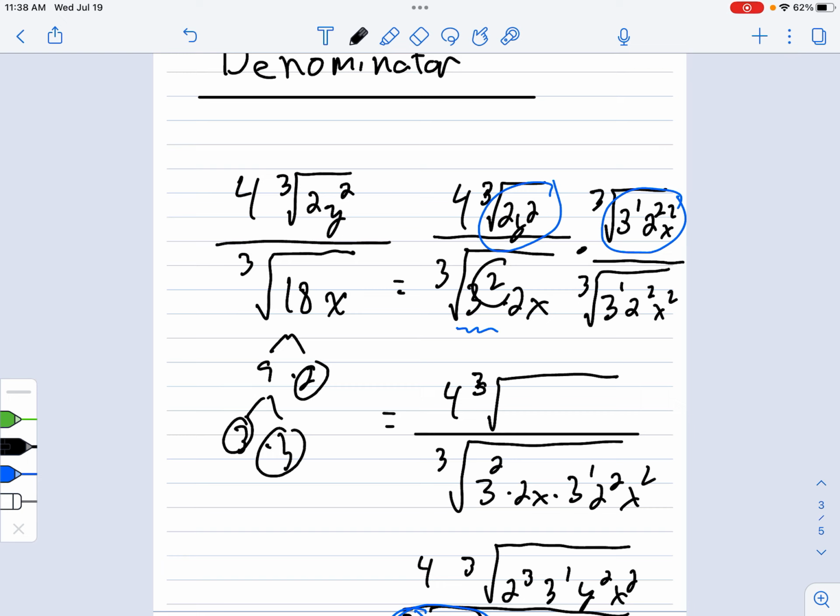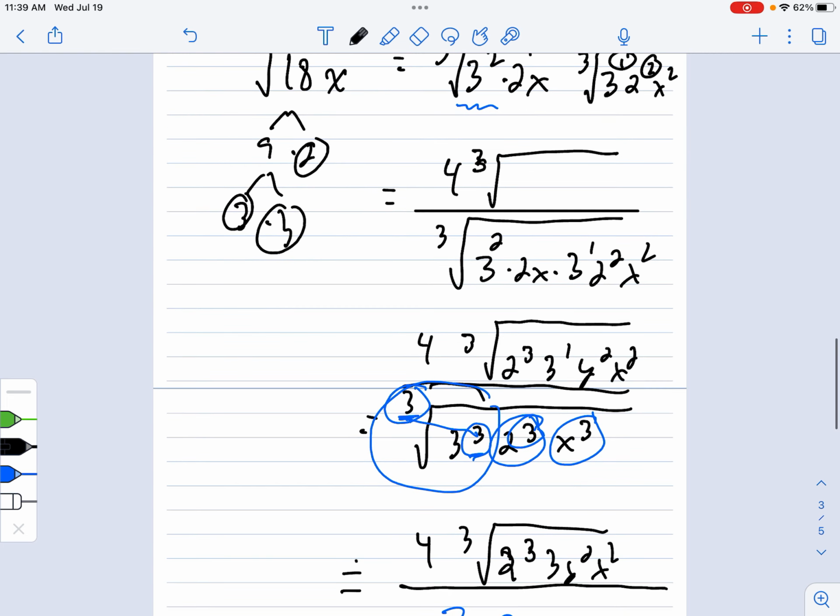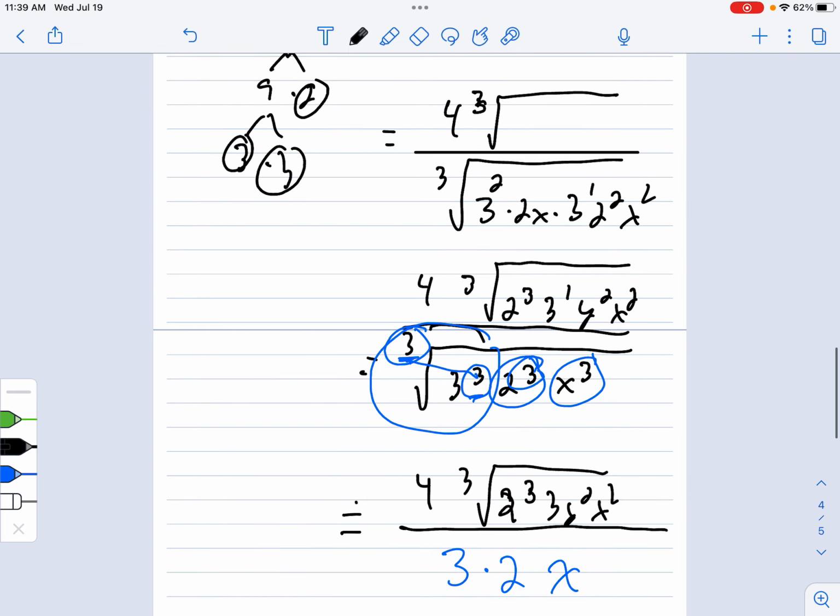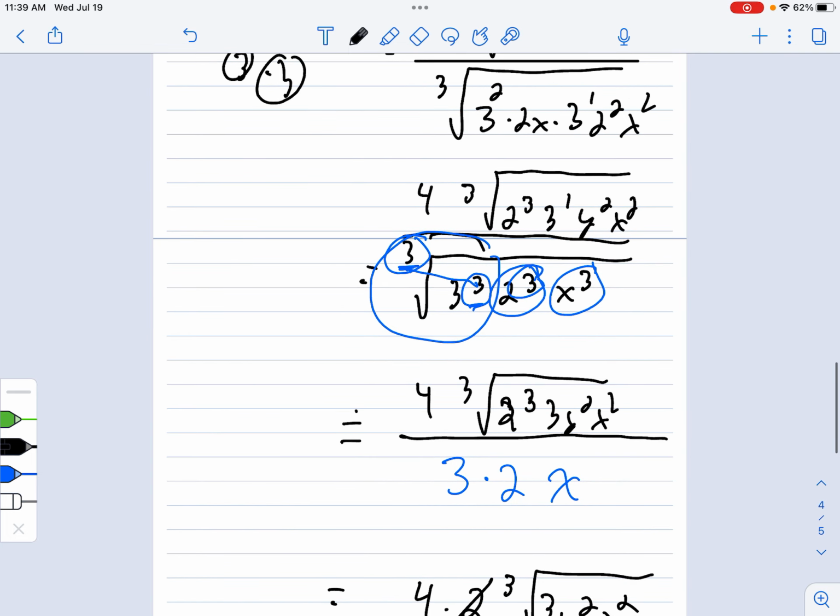So if I had a 3 squared here, I needed one 3. If I had one 2, I needed two 2s, and so on for the x. And that's what you multiply the numerator and denominator by. For the denominator, you basically get that it always cancels out, and you get 3 times 2 times x.